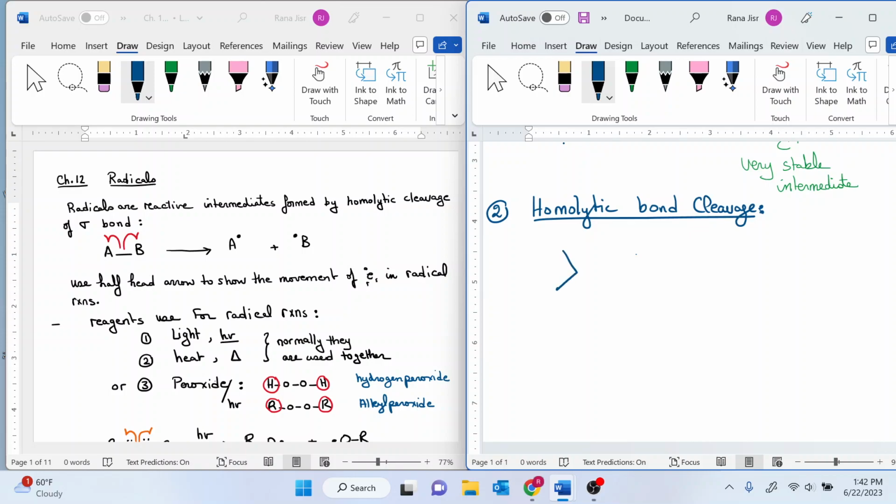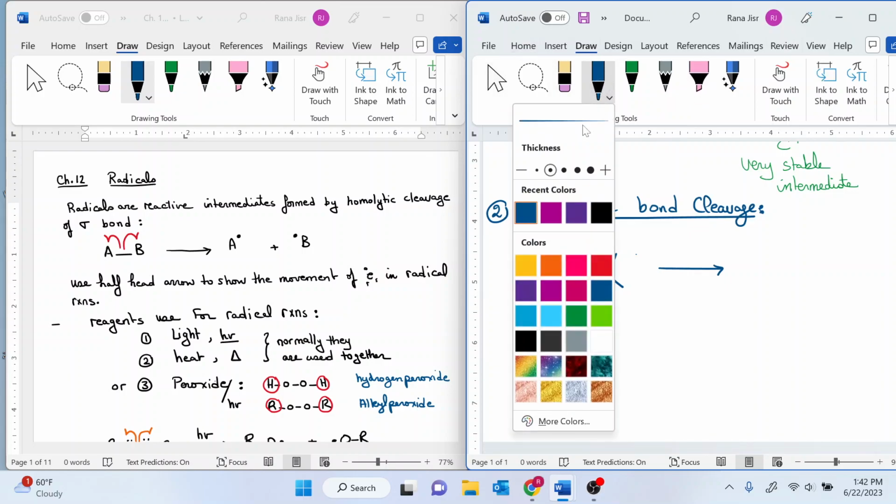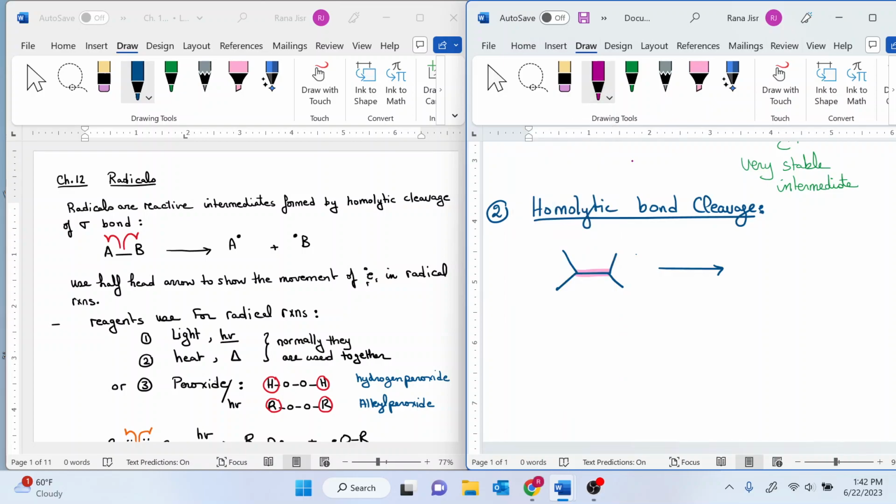Let's say we have this alkane and we are doing a homolytic bond cleavage along this carbon-carbon single bond. The way to represent it is simply with a half head arrow. This is the sigma bond, so I divide the bond, with one electron going to one carbon and another electron going to the other carbon.